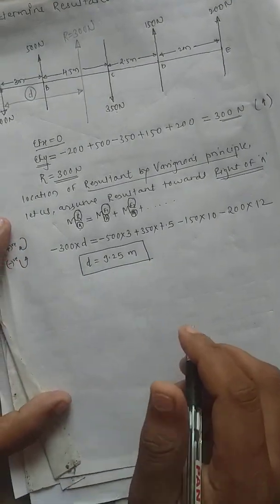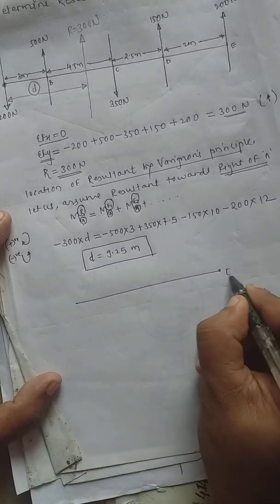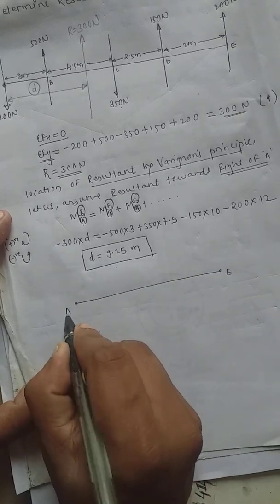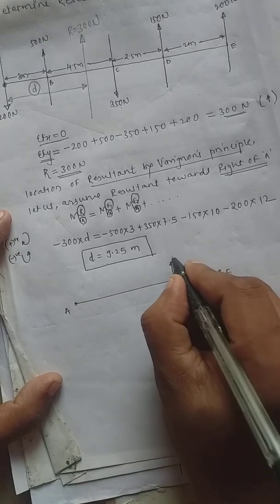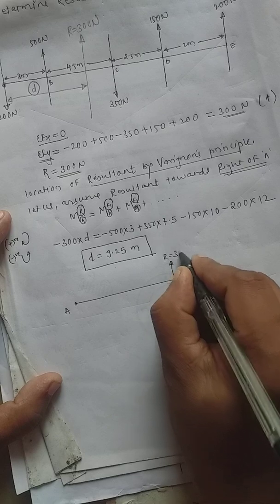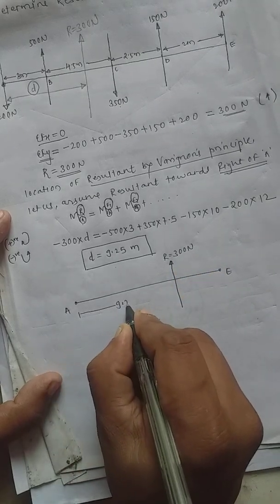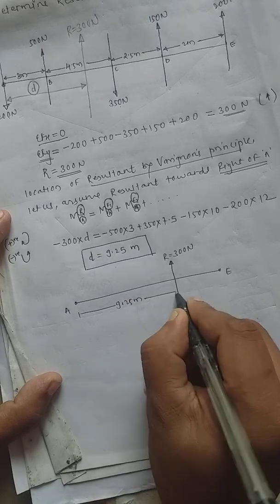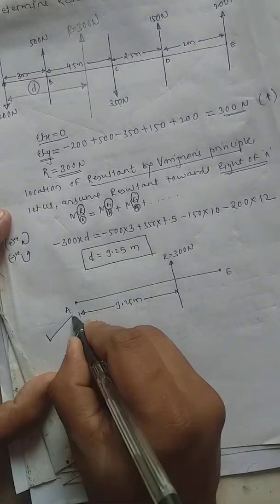This is point E, this point is A. So the resultant is somewhere here, where resultant R is equal to 300 Newton and the perpendicular distance is 9.25 meter from point A, and this is our final answer.